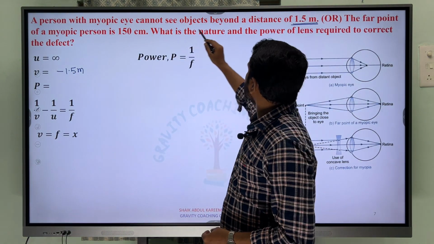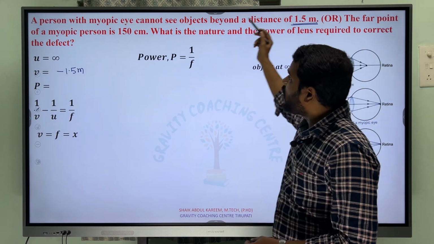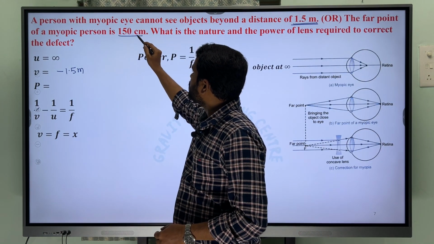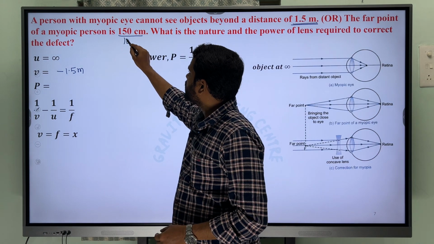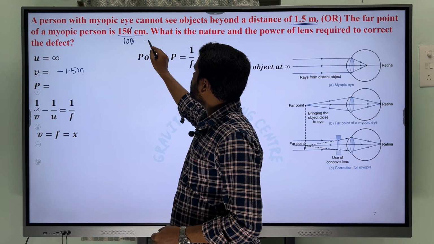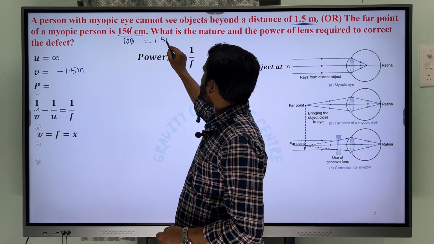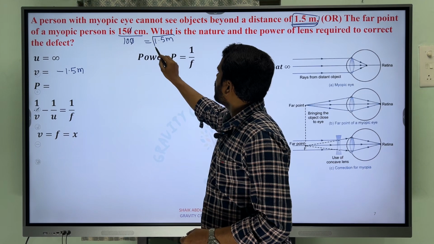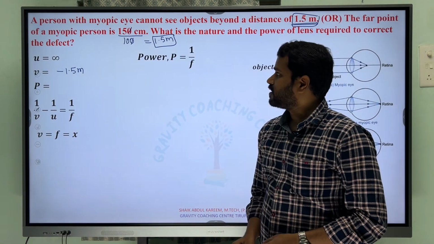Now, what is the other part of the question? The far point of a myopic person is 150 centimeters. Let us convert this into meters. This becomes 1.5 meters. 150 centimeter or 1.5 meter is the same.